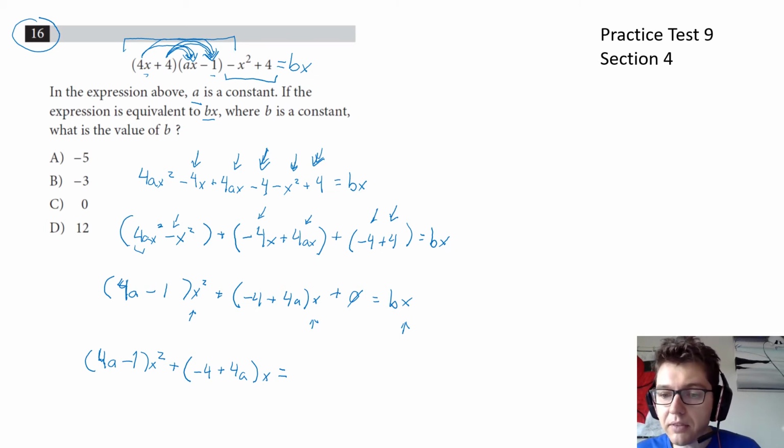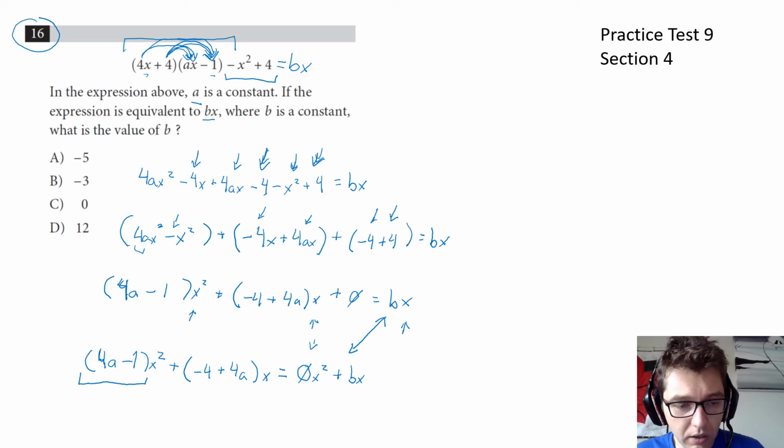So you can put at this point 0 times x squared plus bx, right? These two things are equal. Just adding a 0 times x squared does not change the expression at all, because this is equal to 0. But it helps us right now because we now have things that we can set equivalent.